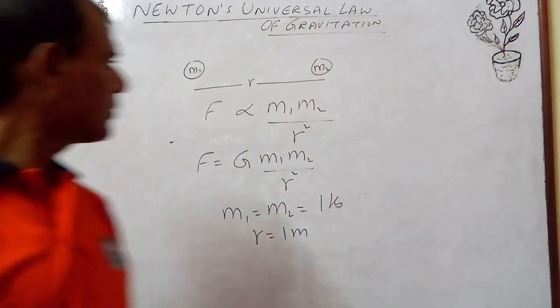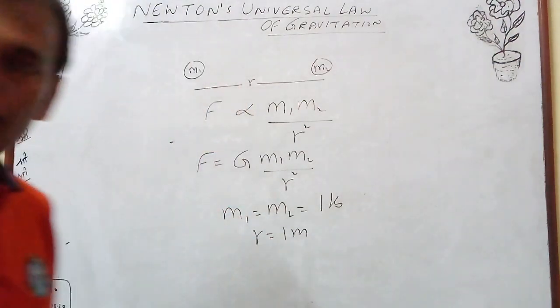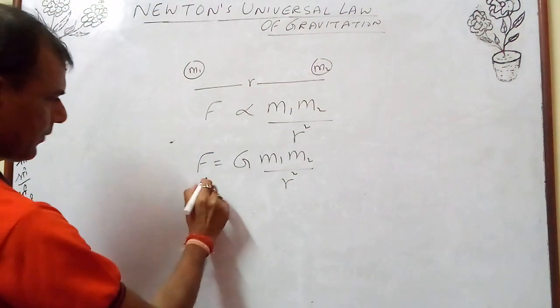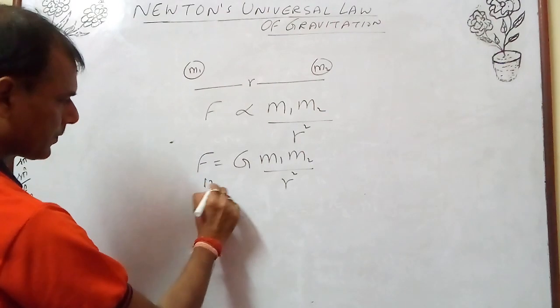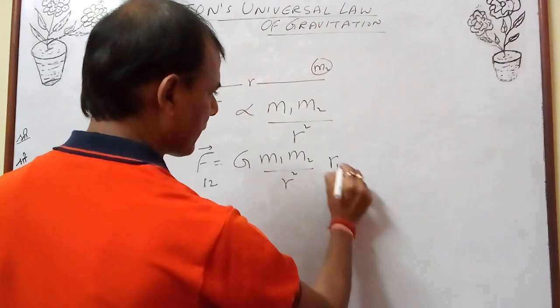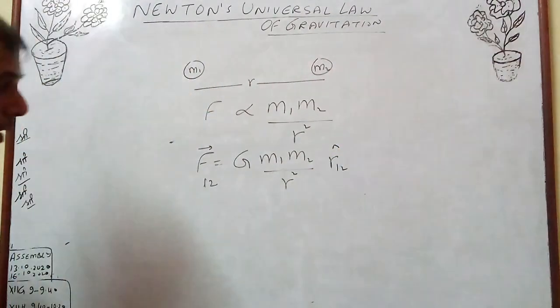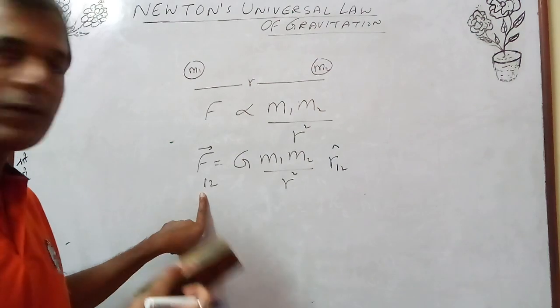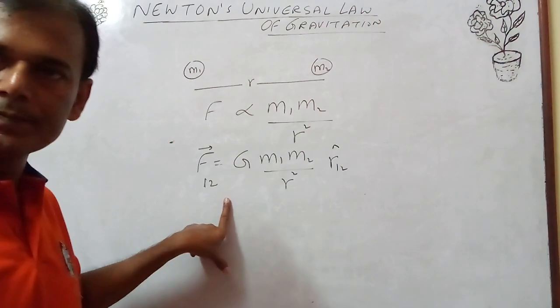Sometimes they ask you to write Newton's law of gravitation in vector form. In vector form, write F12 with an arrow, equal to G M1 M2 upon R square, times R12 unit vector. F12 means the force acting on the first object due to the second.